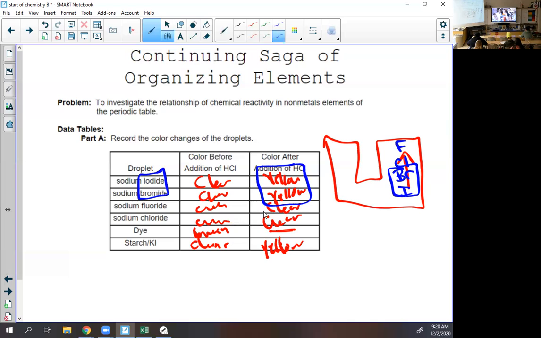Now, chlorine just stayed clear, so that's really not data. If chlorine reacted with chlorine, it would just be chlorine. But we can learn something from fluoride. We learned that chlorine did not have the ability to kick fluoride out of the party. So fluorine is more reactive than chlorine, and chlorine is more reactive than bromine or iodine. So there is our arrow.